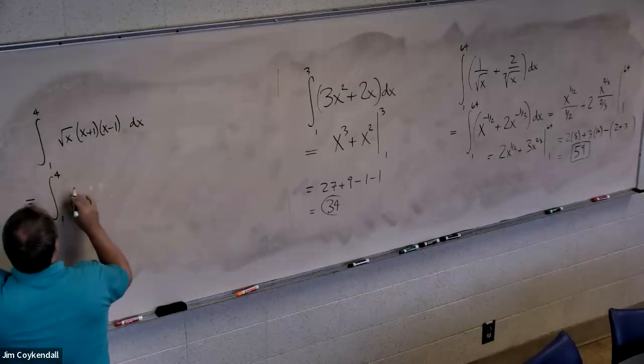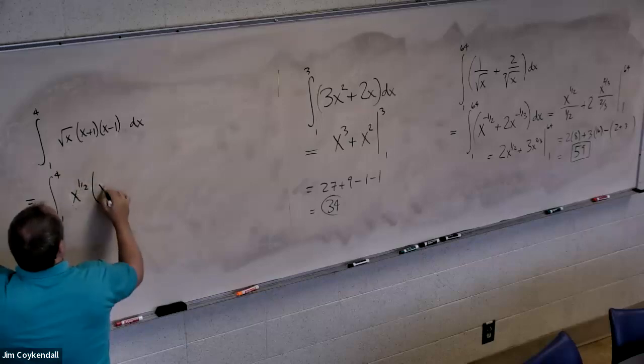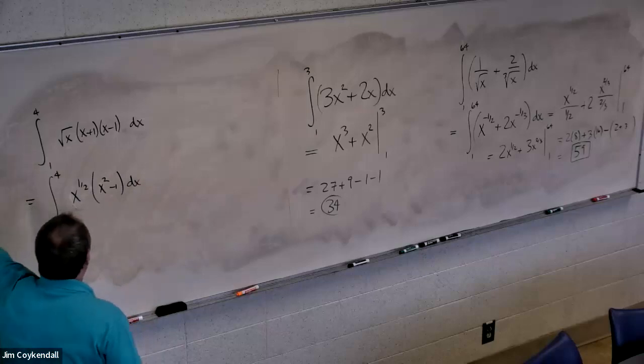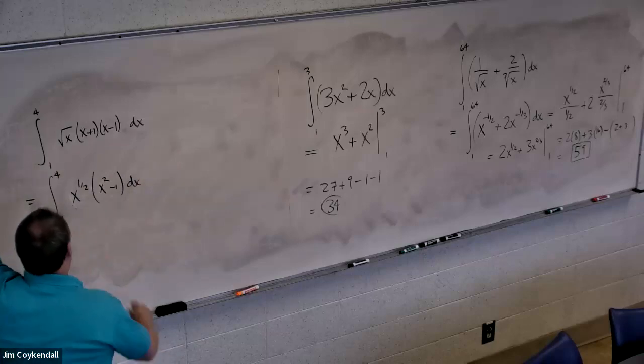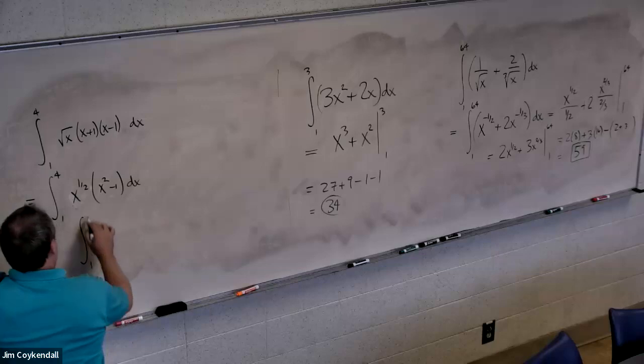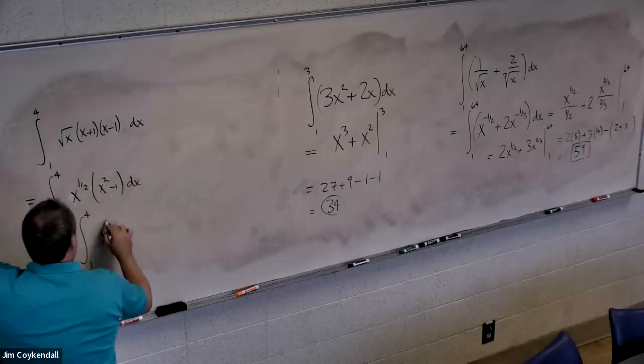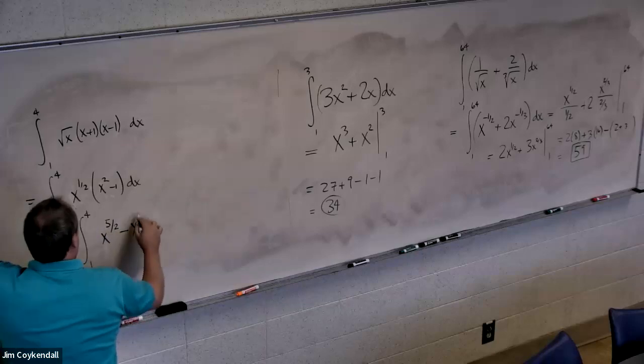Take a couple of steps. So first I'll do this: x to the 1/2, and this other piece is x squared minus 1. So that's 4 halves, so it's x to the 5 halves minus x to the 1/2.